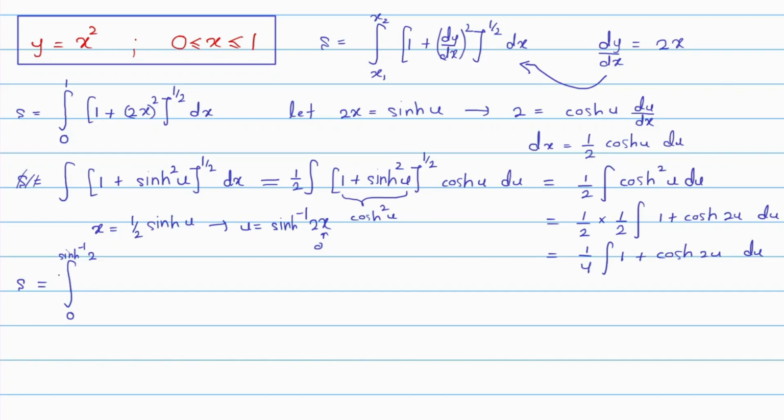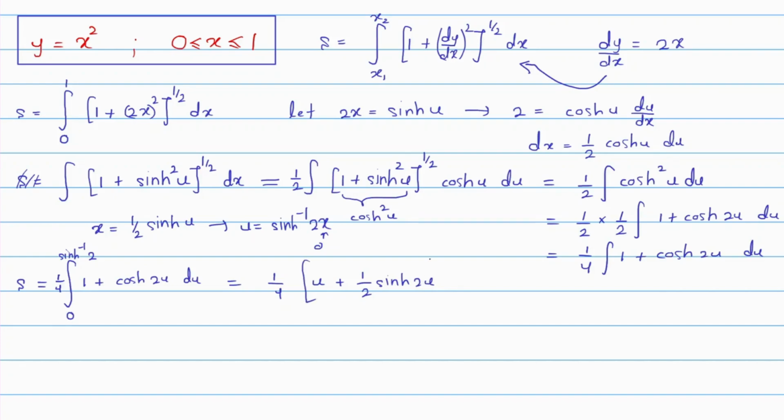And here we basically write down what we had here. So we had 1 over 4 as a constant outside, 1 plus cos 2u du. And now we can integrate this. This is equal to 1 over 4. So 1 we are going to get as u when we integrate it, plus cos 2u when you integrate it, you get half sine 2u.